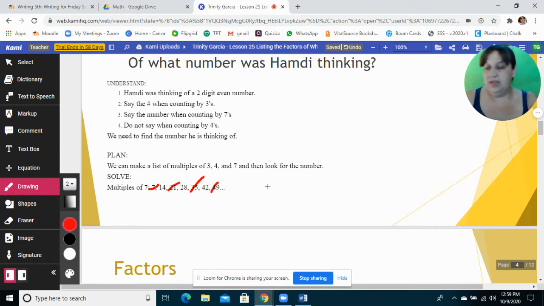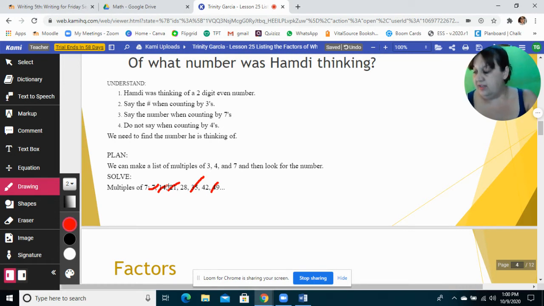How can we eliminate the other numbers on our list? Well, we could eliminate the other numbers because it's a multiple of 4. We could take out 14 because it says it's not a multiple of, we don't count by 4s. So we can take out 14.